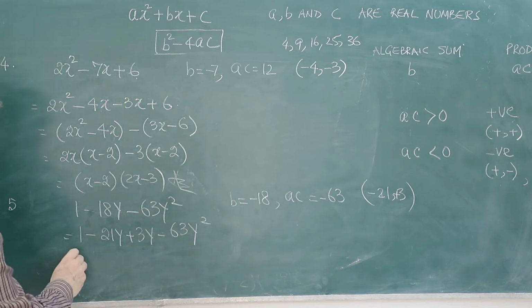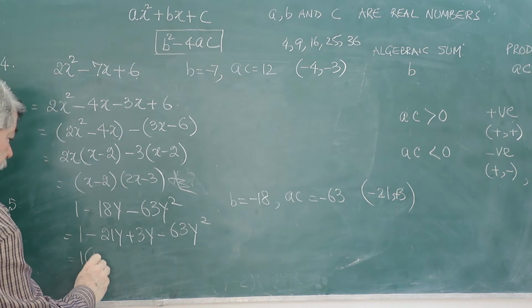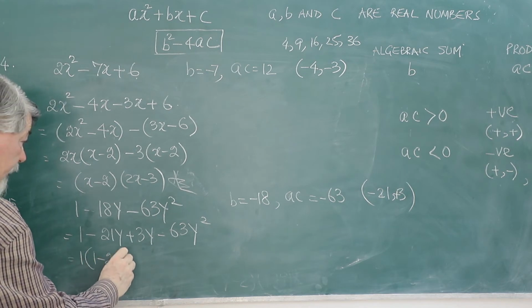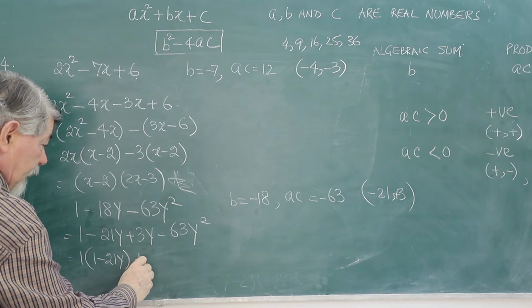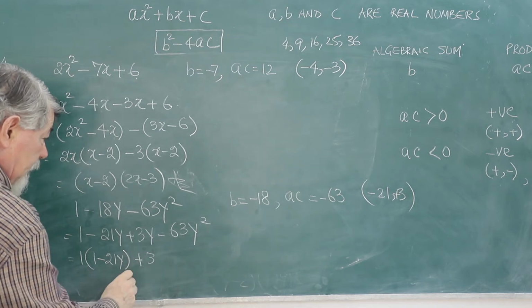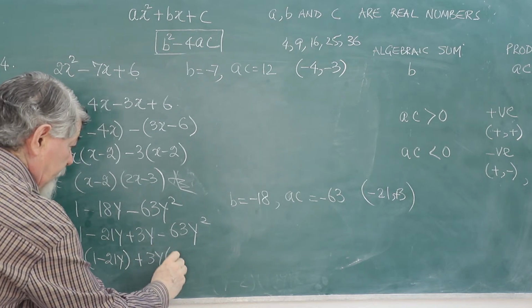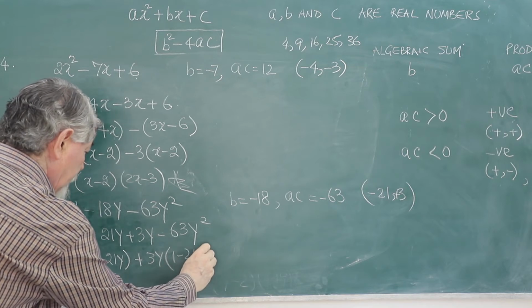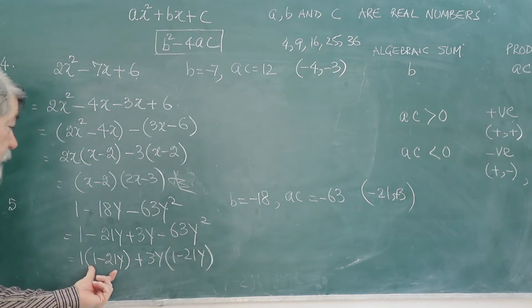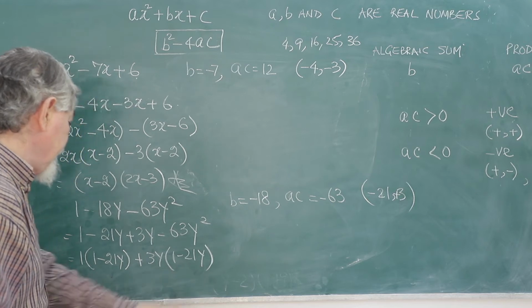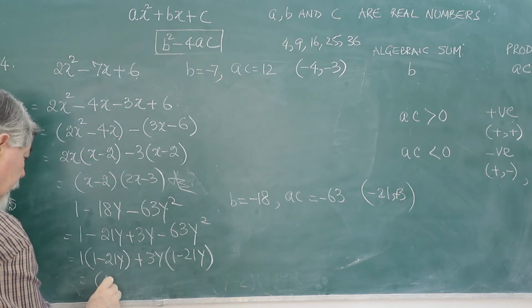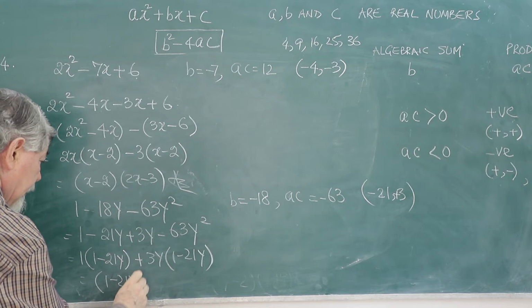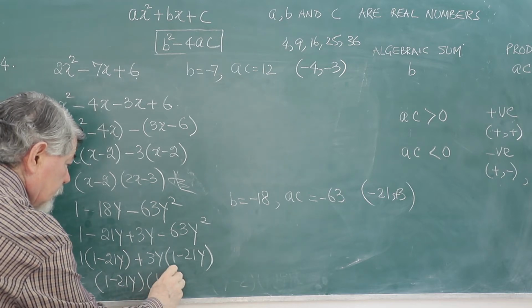Let us make the pairs. 1 is common, 1 minus 21y. You can take plus 3y common, and 1 minus 21y. Now 1 minus 21y and 1 plus 3y.